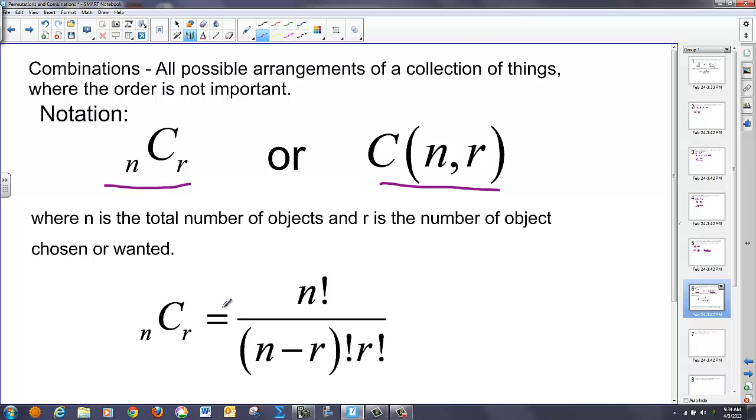The computation for this is the total number of items factorial over the number of items minus the subset, factorial, that's the permutation part, and then we're going to divide by also the subset number factorial, which means there'll be fewer combinations than permutations.